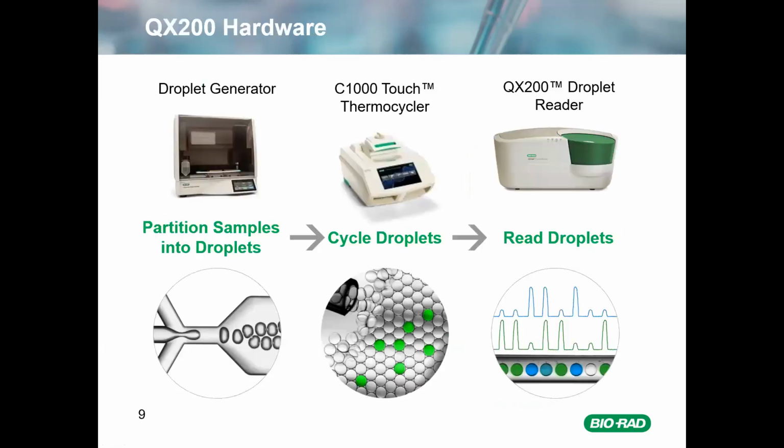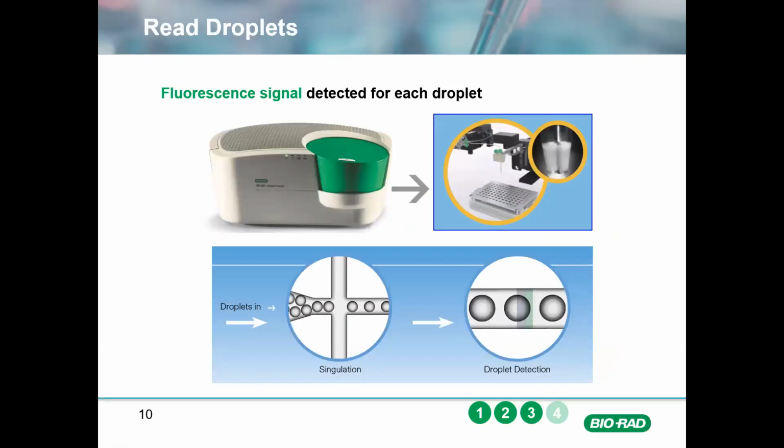So very quick. Once we've generated our droplets, we are going to thermal cycle those droplets to endpoint. So our PCR amplification is endpoint amplification. And then after we've amplified our target within our droplets, we are going to read those on our QX200 droplet reader and measure the level of fluorescence in droplets one at a time. This droplet reader is going to pull up the droplets from each individual well.